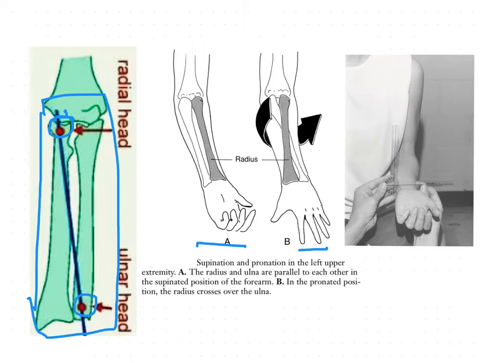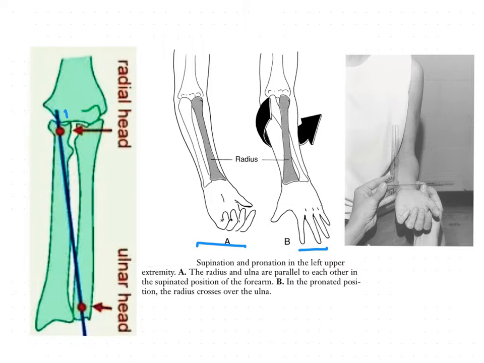So what happens during radio-ulnar joint movements? In supination, the radius and ulna lie parallel to each other. So this is the position. Radius and ulna are lying parallel to each other.